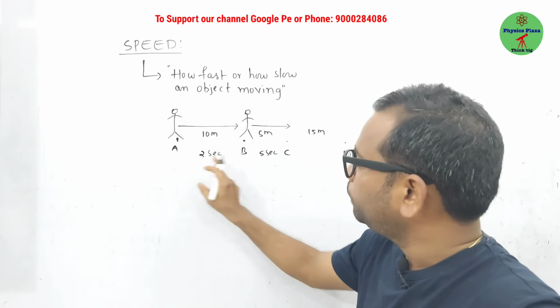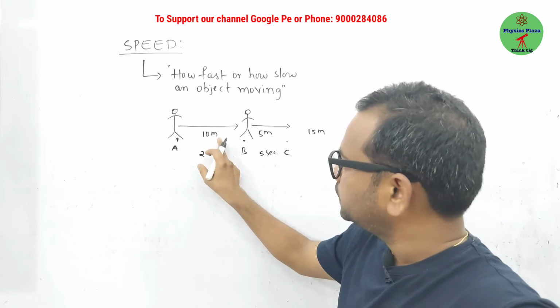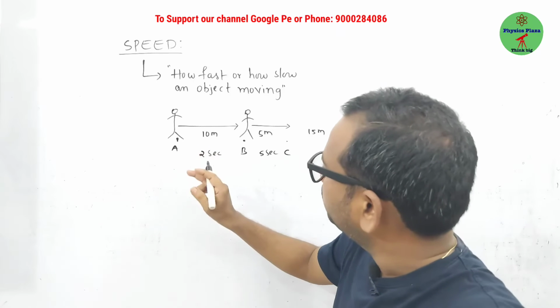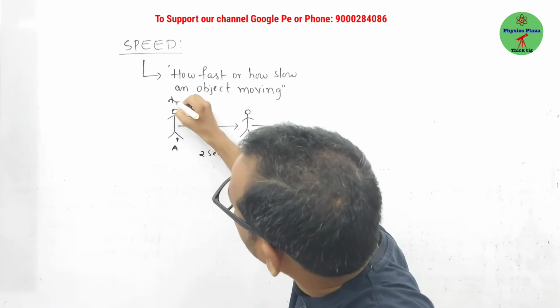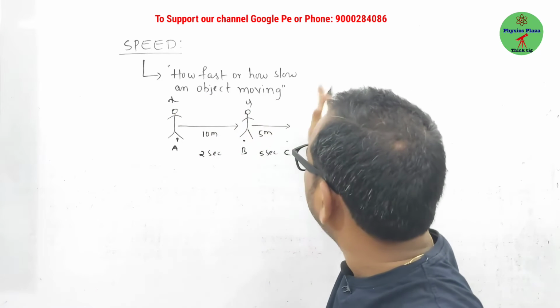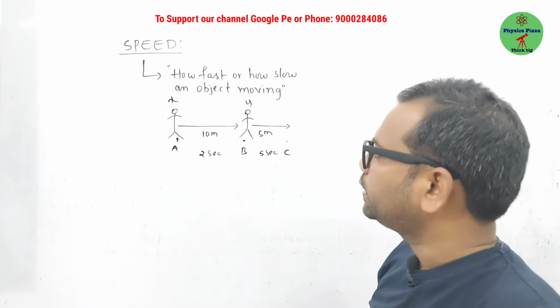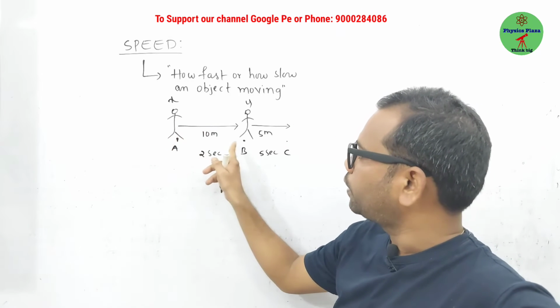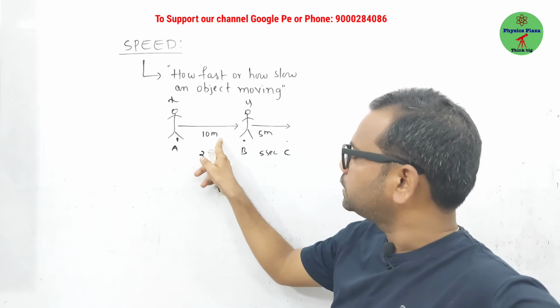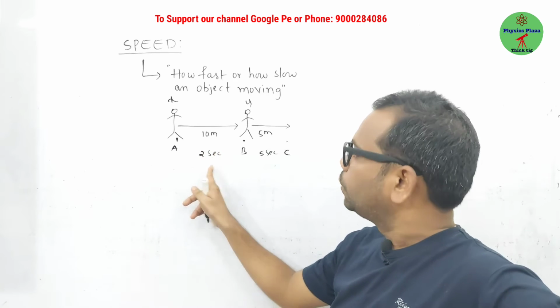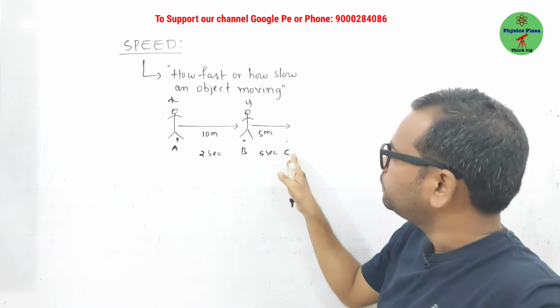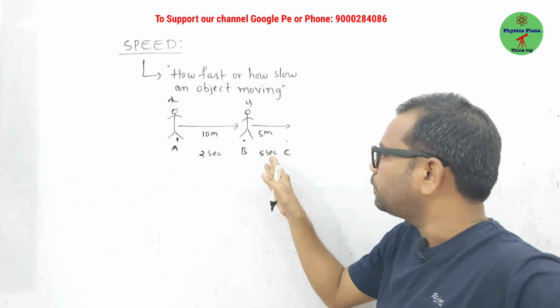To cover the 10 meter distance from A to B, let us say it is person X, and person Y is another case. Person X covers 10 meters in 2 seconds, whereas person Y goes from point B to point C, a distance of 5 meters, taking 5 seconds.